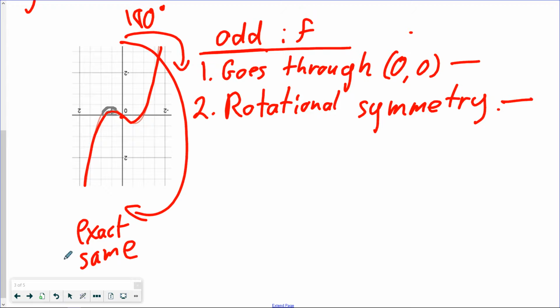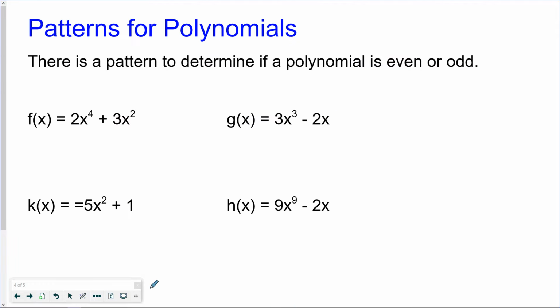Okay, so let's talk about some patterns for polynomials, just because we can do all of these without having to plug in any numbers or graph anything. So for polynomials only, that's things like 3x squared plus 2x minus 7.